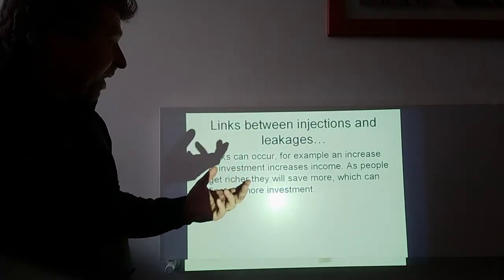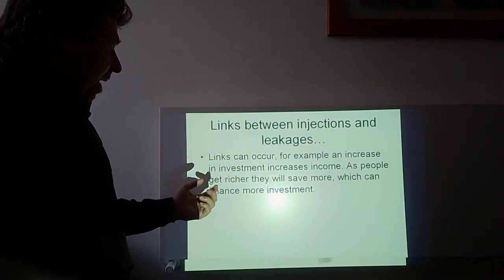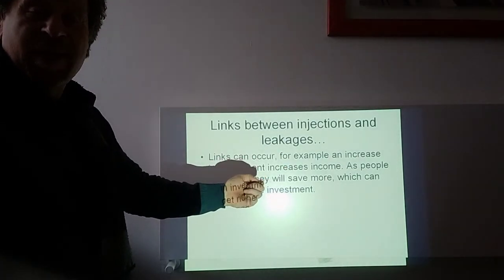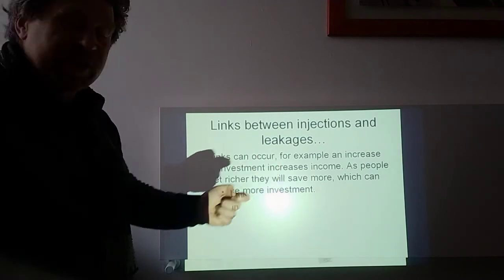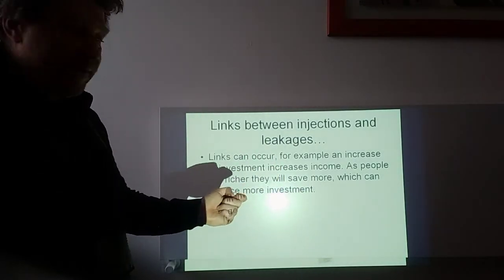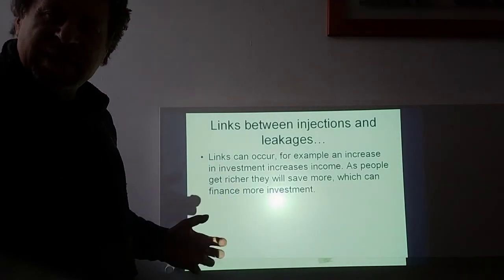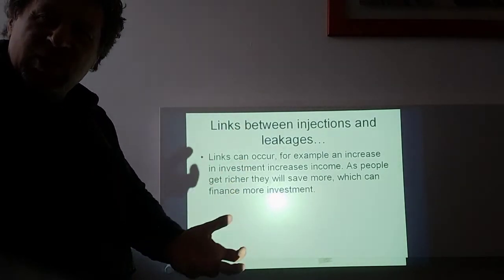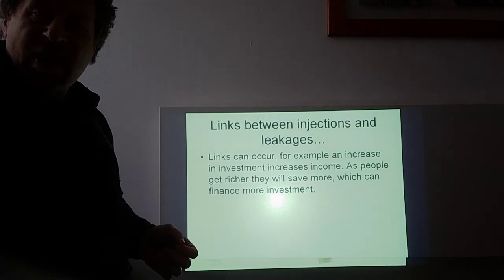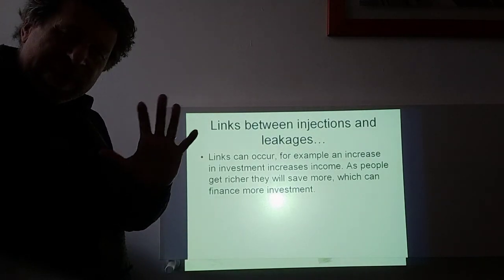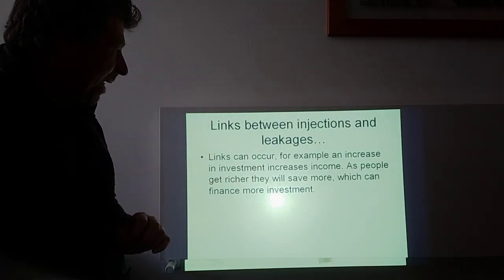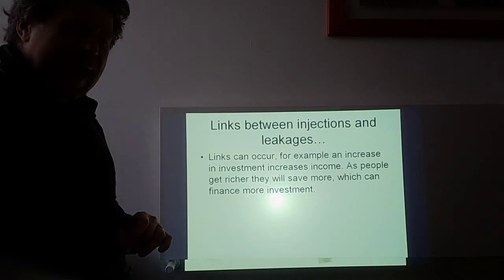People will be earning that money, that will increase income, and as they get richer, people are getting more income, they'll save more. And if they're saving more, we can use those savings for investment. They go in the bank. The banks will have more money to lend out. So we can find linkages between injections and leakages.